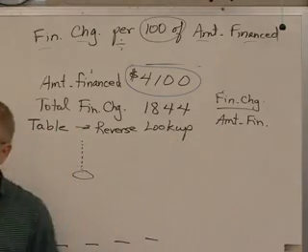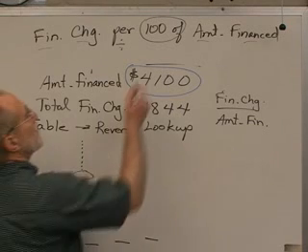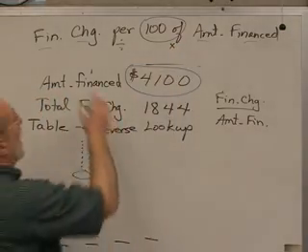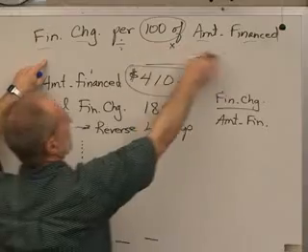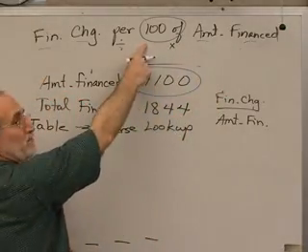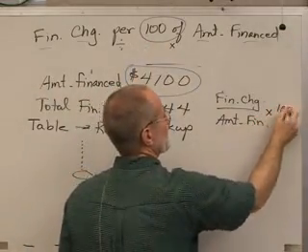But the table says finance charge per $100 of amount financed. Of means to multiply, doesn't it? So after we take the finance charge per amount financed, that tells us per dollar, but we want per $100, so we multiply this times 100.